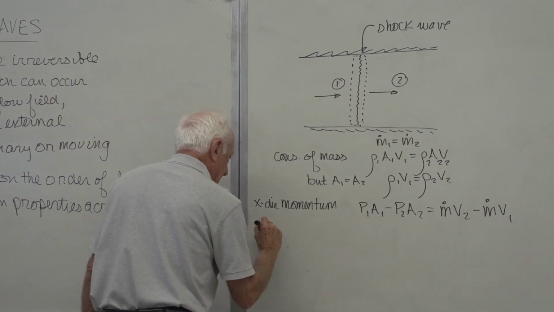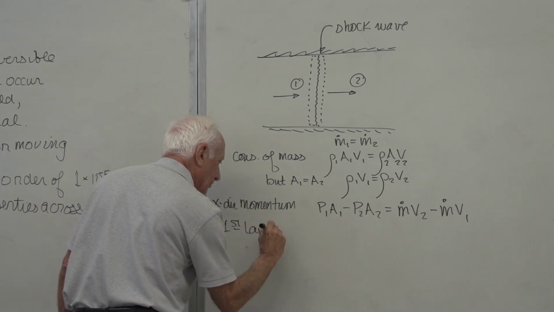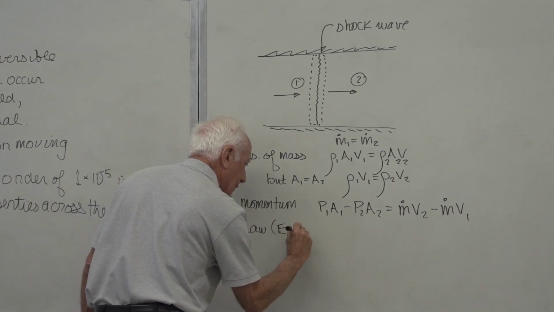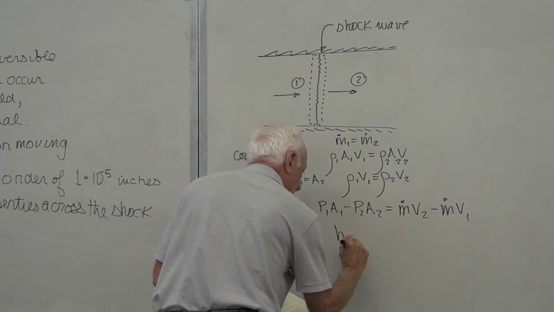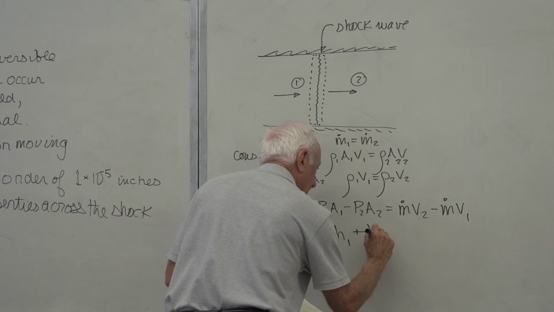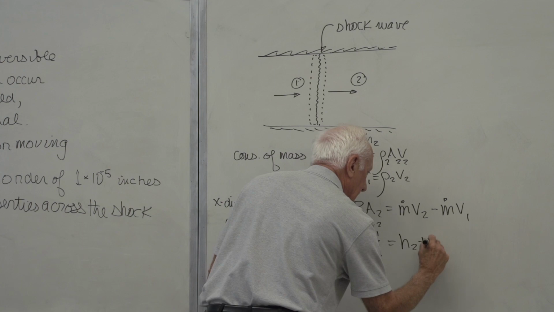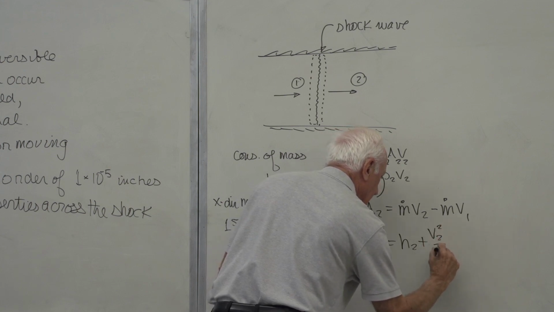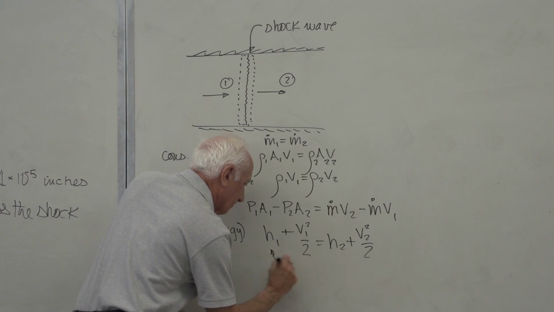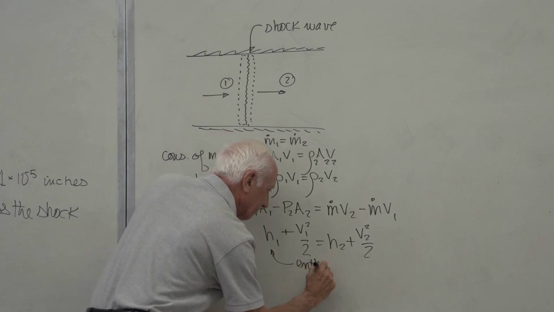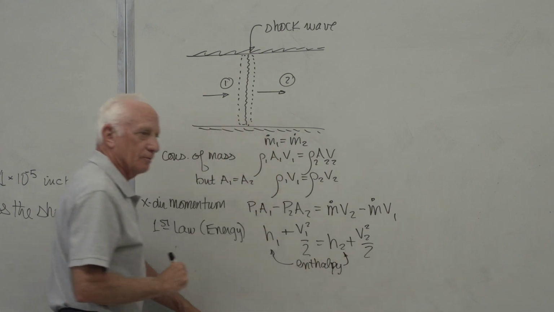Then we have the first law, thermal energy. We'll use the form H1 plus V1 squared over 2 equals H2 plus V2 squared over 2, H enthalpy.